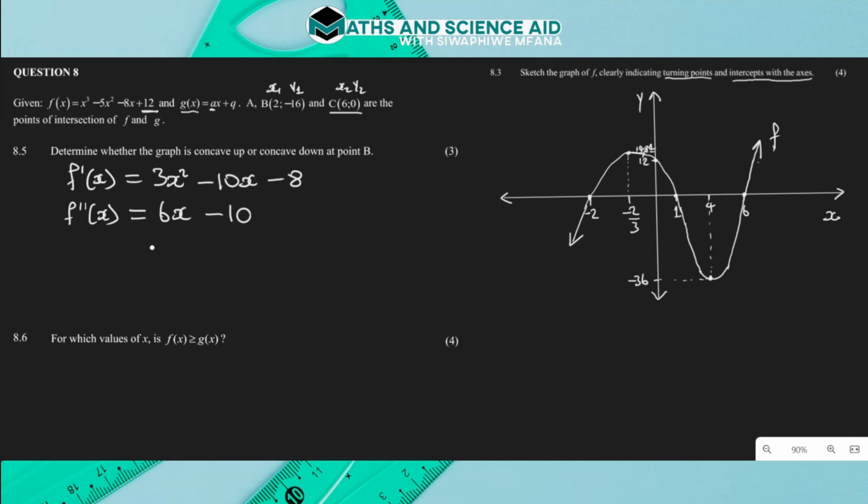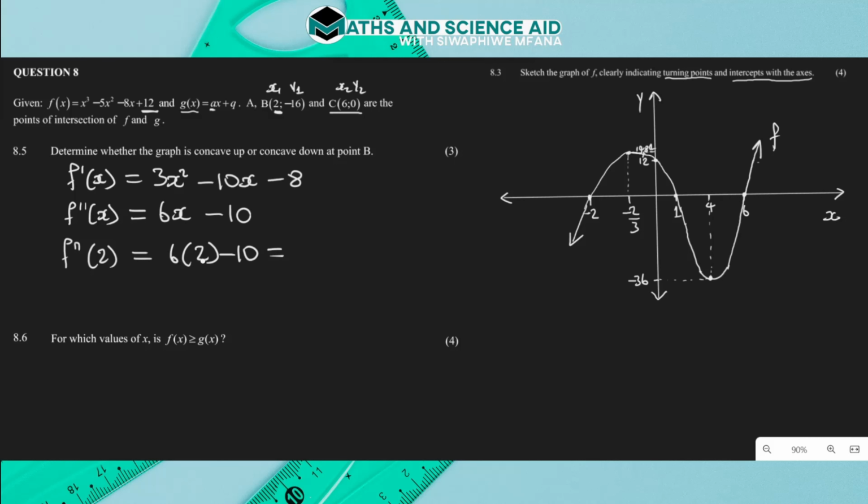And now, in order for us to determine whether the graph is concave up or down at point B, we need to work out the value of the second derivative when x is equal to 2. So f prime prime of 2, that will be 6 times 2 minus 10, which equals 2.